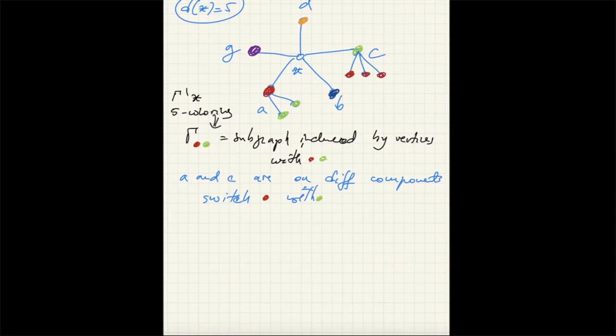So what we do is we color here by green now, and we color here by red. And what happened in this situation, the neighborhood of X has 4 colors, and we have a color red that we can put over there, and we are done. Okay, so that's when if A and C are in different components, then we can prove that the chromatic number of gamma is at most 5.